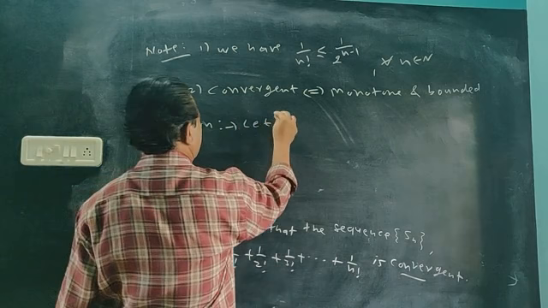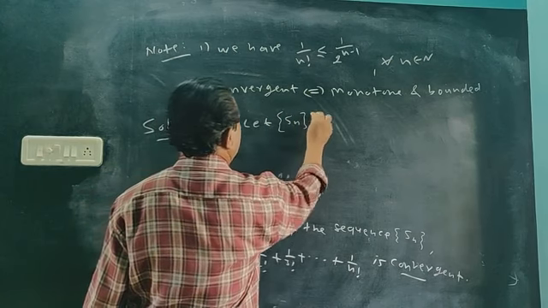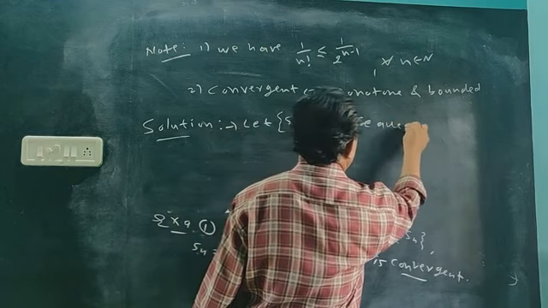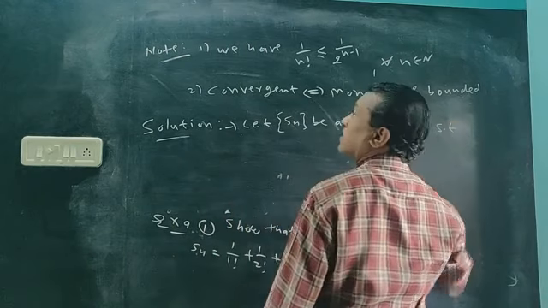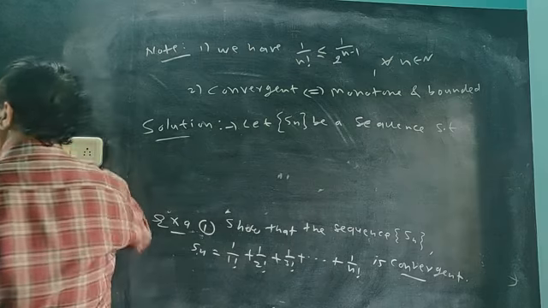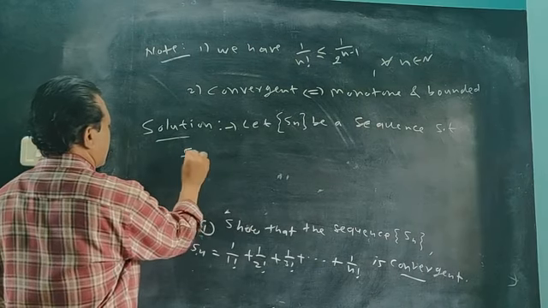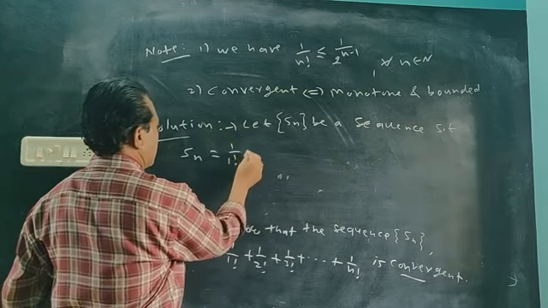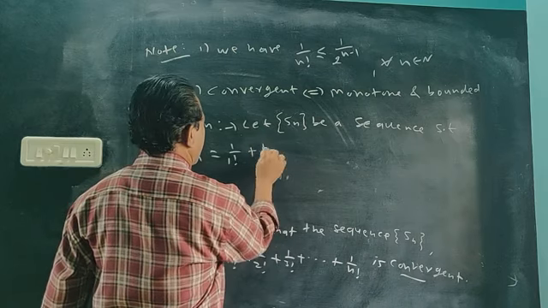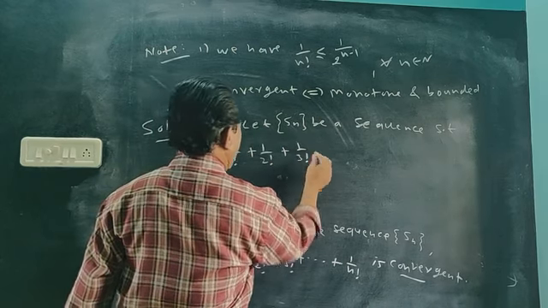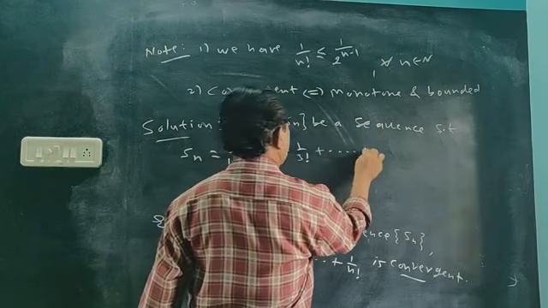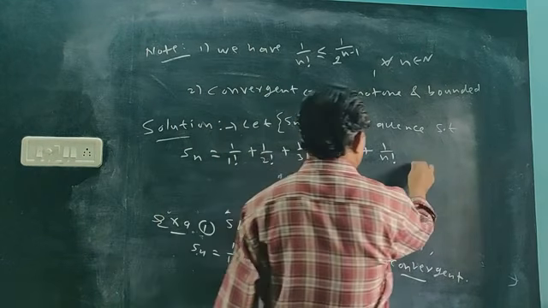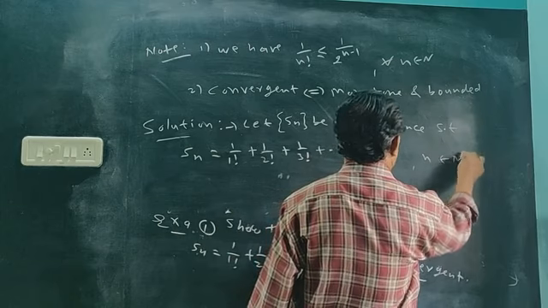So let Sn be a sequence such that the nth term is 1 upon 1 factorial, 1 upon 2 factorial, 1 upon 3 factorial, and so on, up to 1 upon n factorial. Of course, n is a natural number.